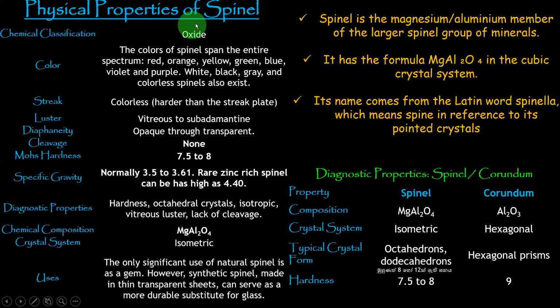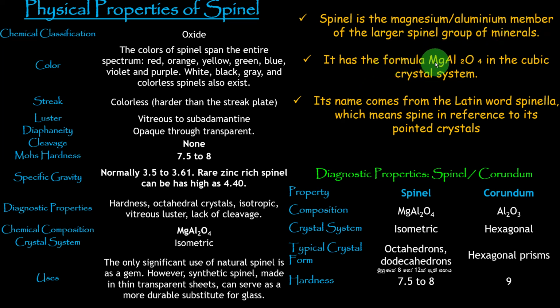Here, there are a lot of things described. First of all, I will move to the brown color area. Spinel is the magnesium aluminium member of the larger spinel group of minerals.